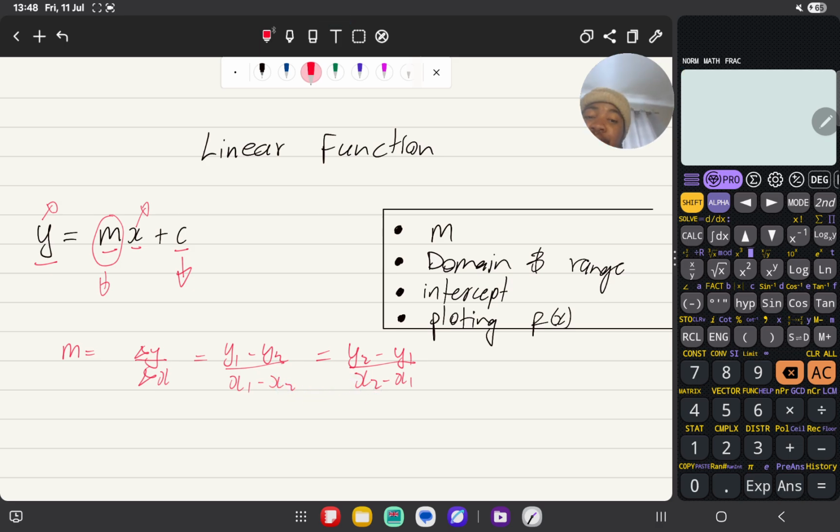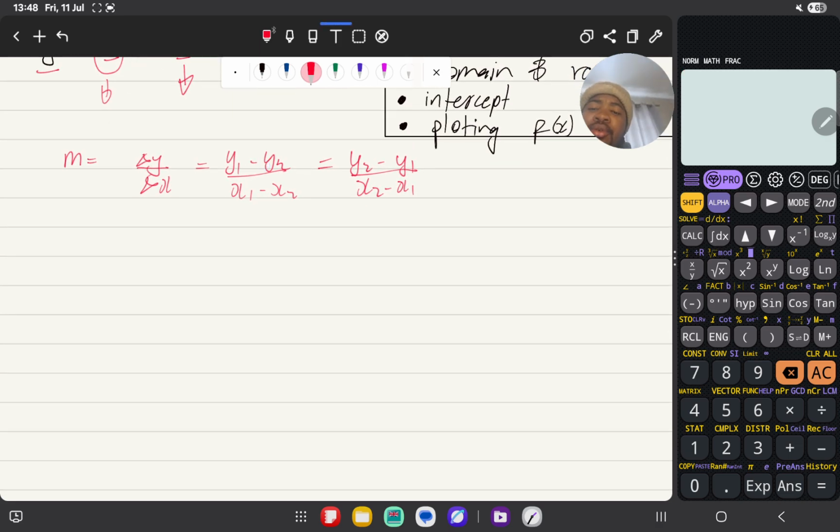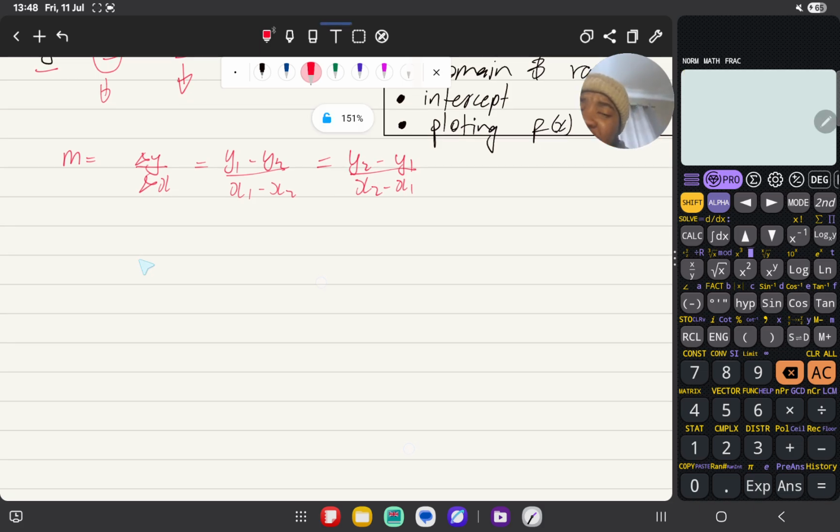Cool stuff. Now also what your gradient tells you, if it's negative, let's have our Cartesian plane. If your gradient is negative, you know that your graph is something like this, right? So what are we saying here? Let me use a different color.